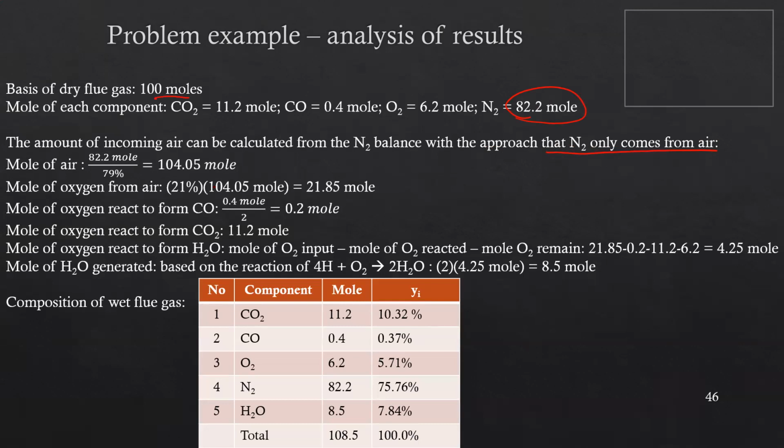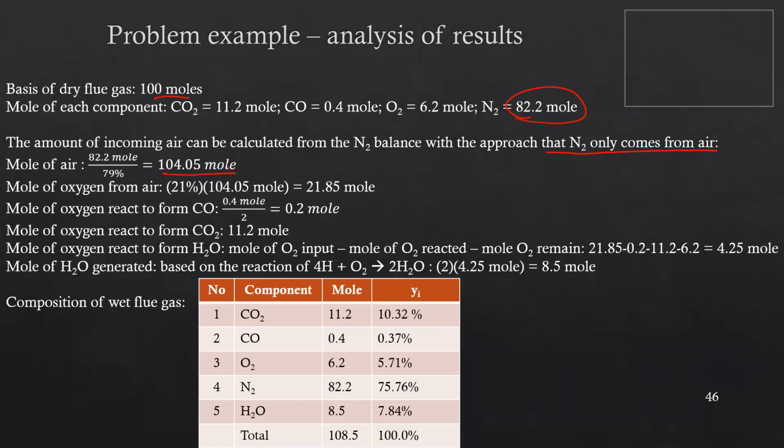The moles of air is 104.05 moles. We assume that the atmosphere has 79% nitrogen and 21% oxygen.